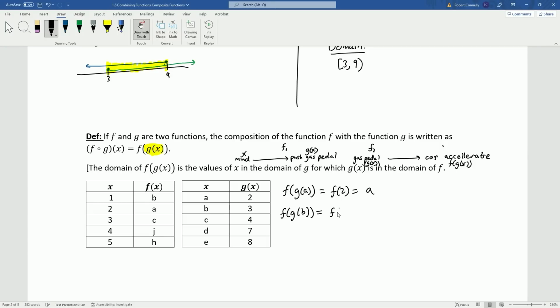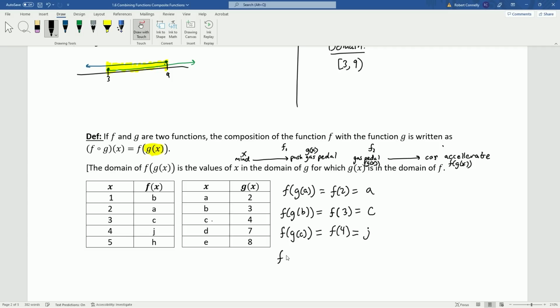That's f of 3. And when I look at 3 on my table for f, f of 3 is c. And when I look at f of g of c, that gives me g of c is 4. So that's f of 4. And f of 4 is j.